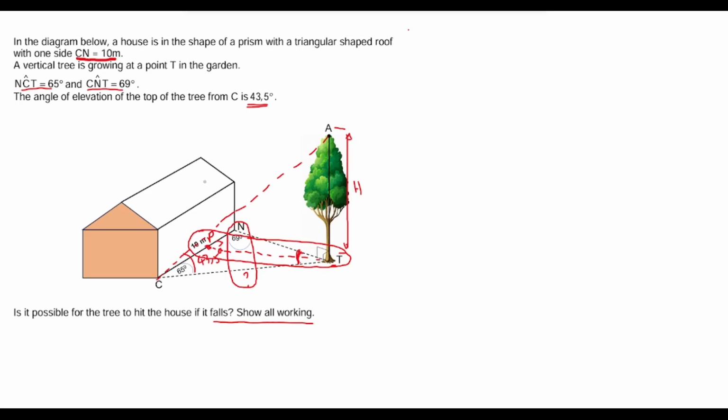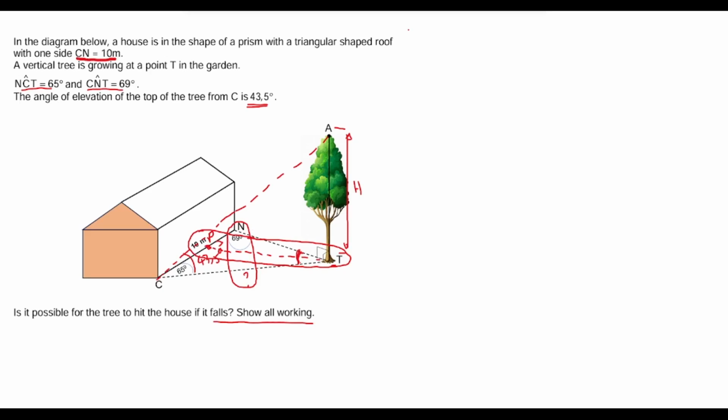Remember, when given two angles and one side, we can use the sine rule. Or when given two sides and a non-included angle, we can also use the sine rule. We want to find side CT, and we will have angle CTN. So we can use the sine rule.